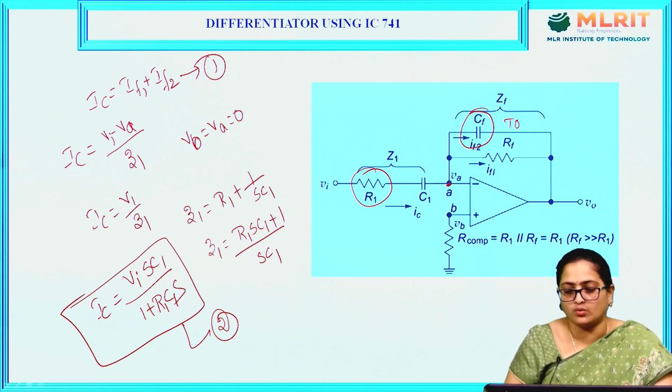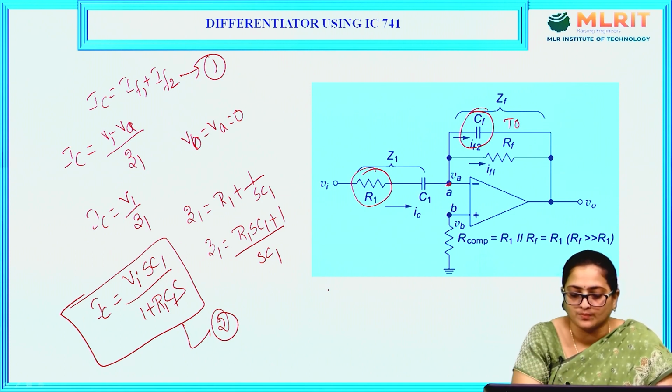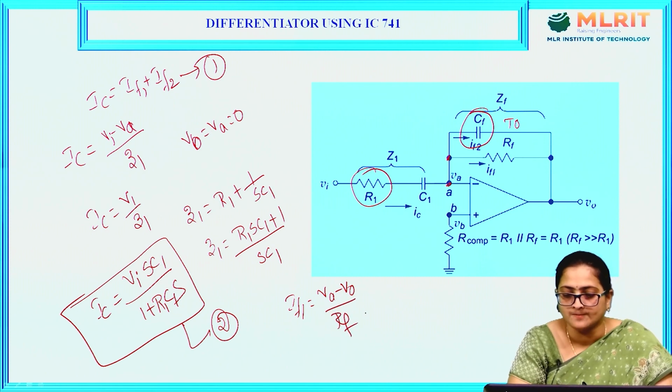Now, we will find out what IF1 and IF2 are. IF1 can be given as VA minus V0 divided by RF. You can directly take VA as 0 because of the high gain, so IF1 equals minus V0 by RF.